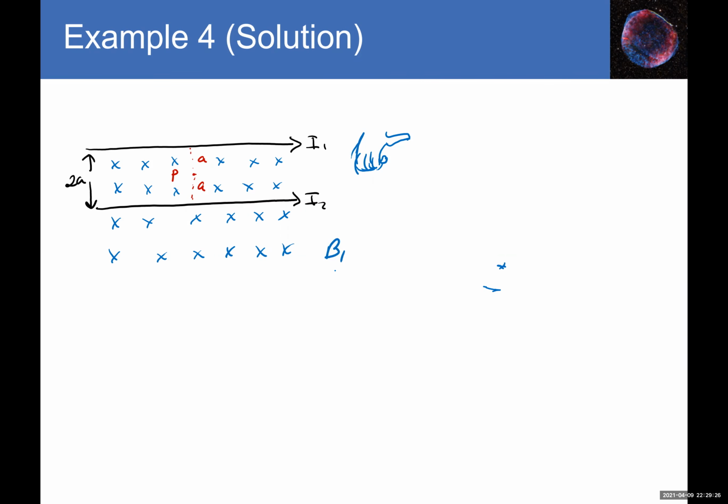Now, if I continue curling my fingers, I can see that above wire 1, the magnetic field will be coming out of the page. That means this will be magnetic field 1 everywhere above wire 1. So this is B1 again.